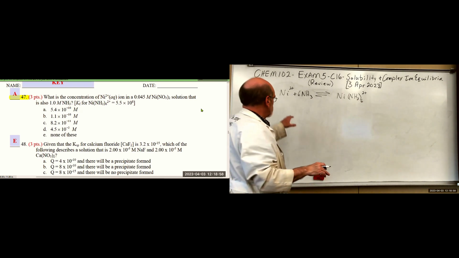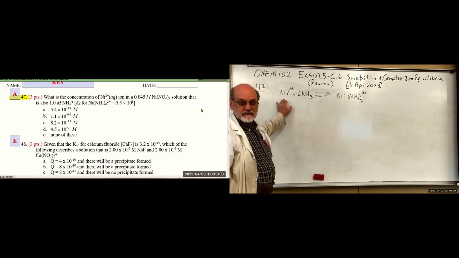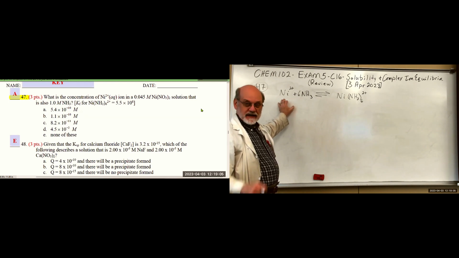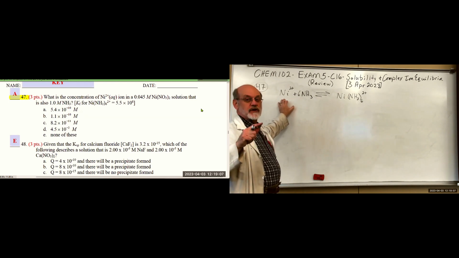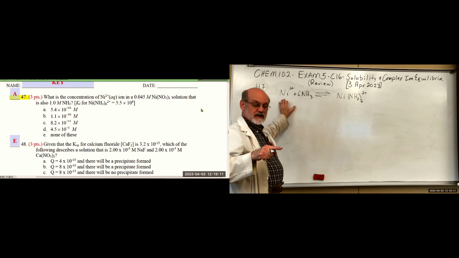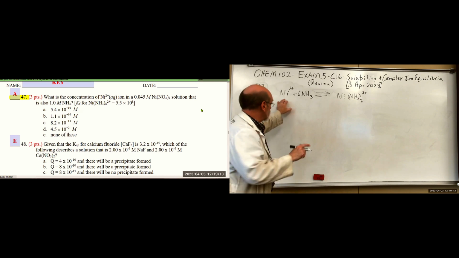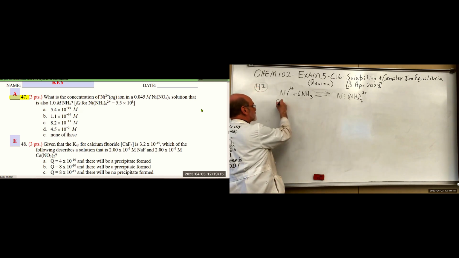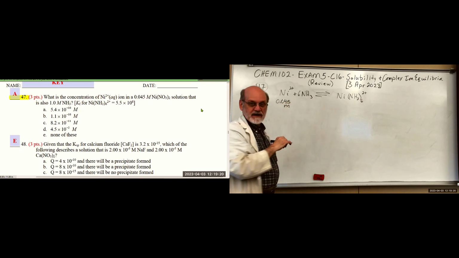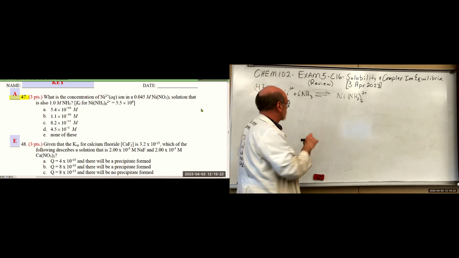In other words, how much nickel do we have? 0.045 molar nickel nitrate. For every 1 nickel nitrate, you get 1 nickel. So the concentration is the same, 0.045 molar. The ammonia is 1 molar.